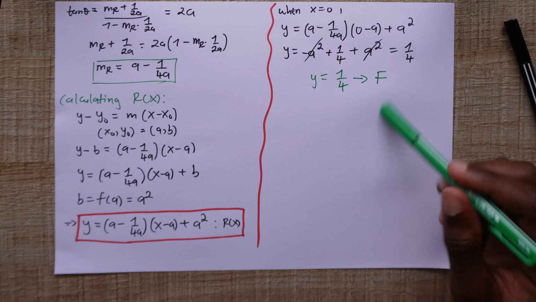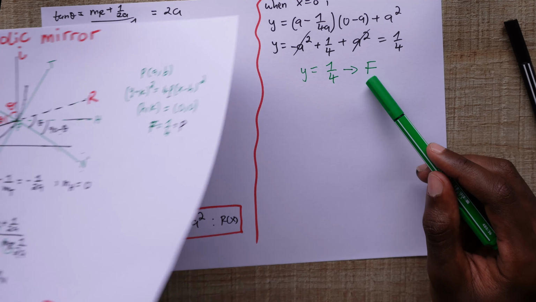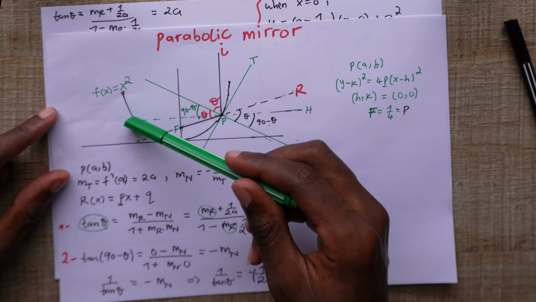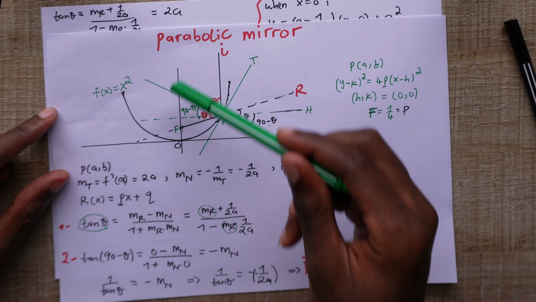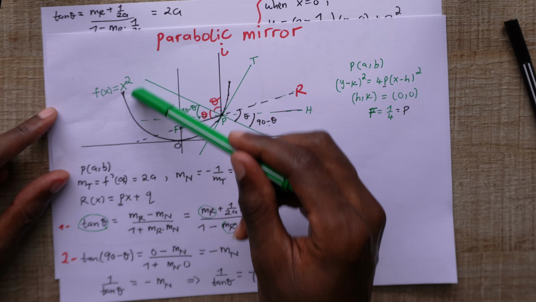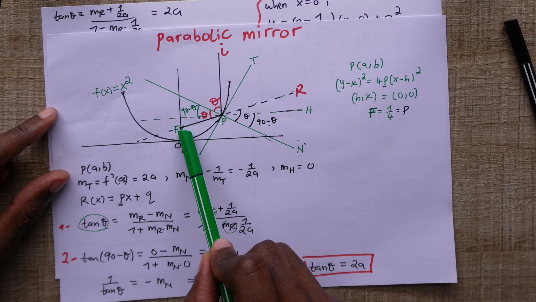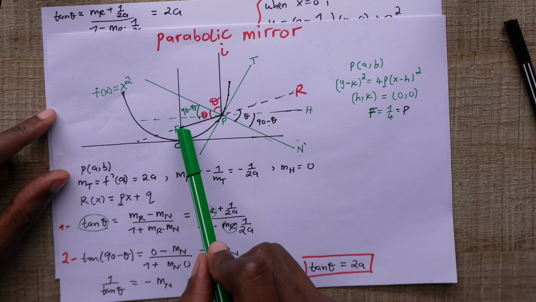So this result is very interesting and very powerful, because it tells us that whatever the incident ray that you want to take, once it hits the surface of this parabola, it's going to be reflected to the focal point.